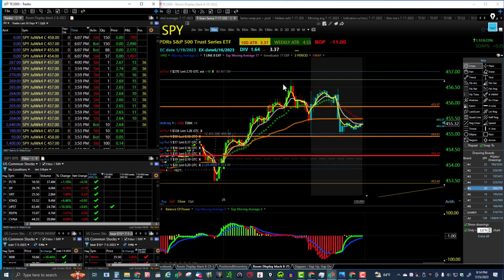And I knew there would probably be a battle, but I wanted to see a red candle first. So I made a synthetic condor. And I did a bear call credit spread up here. And I had a bull put debit spread down here. And you can see those were 1 and 0 DTEs.